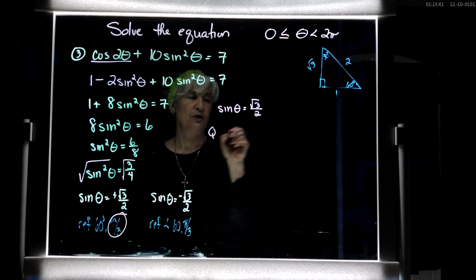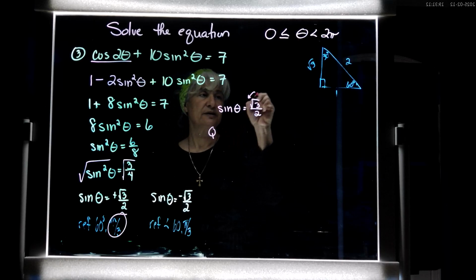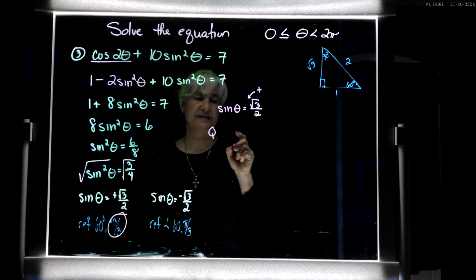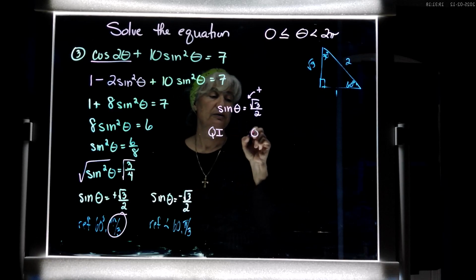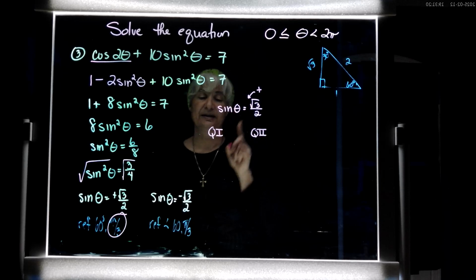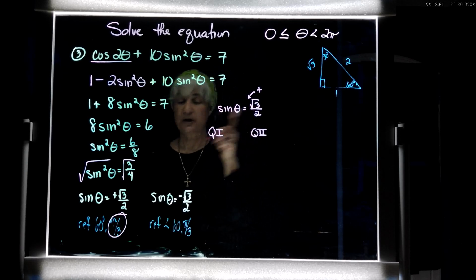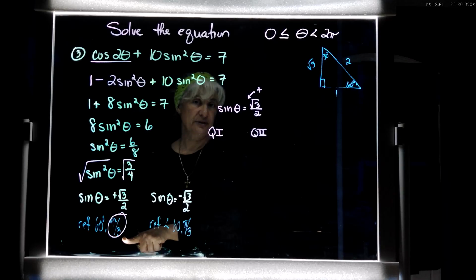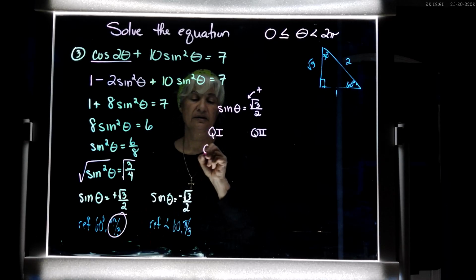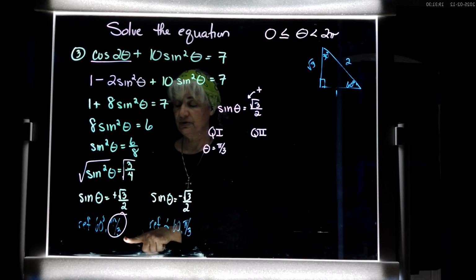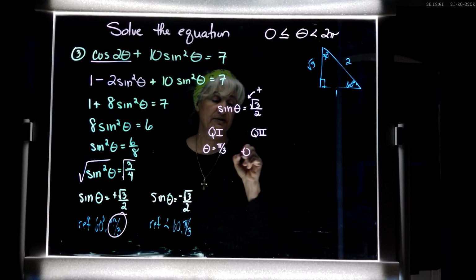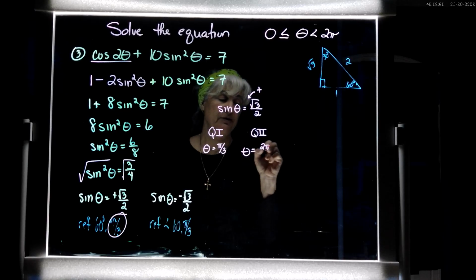So, which quadrants have a positive sine first and foremost? Quadrant 1, quadrant 2. Got it. So in quadrant 1, reference angle is pi over 3. In quadrant 2, my reference angle is pi over 3. So what's that? 2 pi over 3.